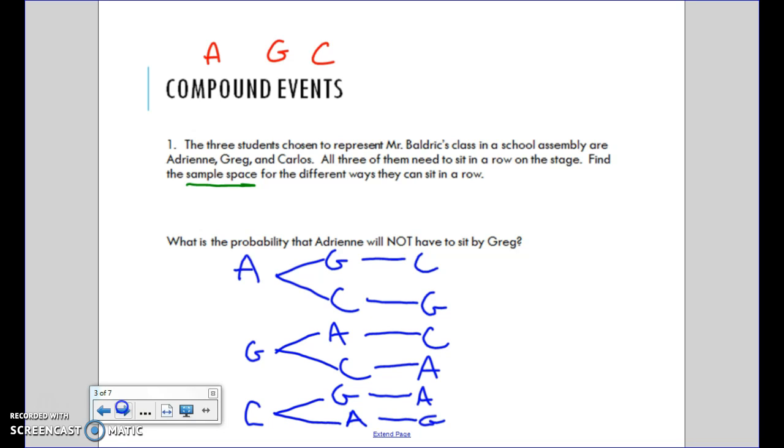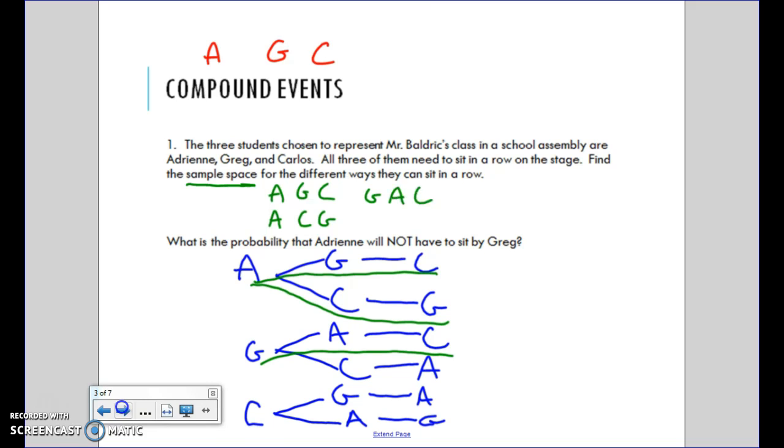Our sample space actually comes from the tree's roots. So we could go Adrienne, Greg, Carlos. We could go Adrienne, Carlos, Greg. We could go Greg, Adrienne, Carlos. We could go Greg, Carlos, Adrienne.